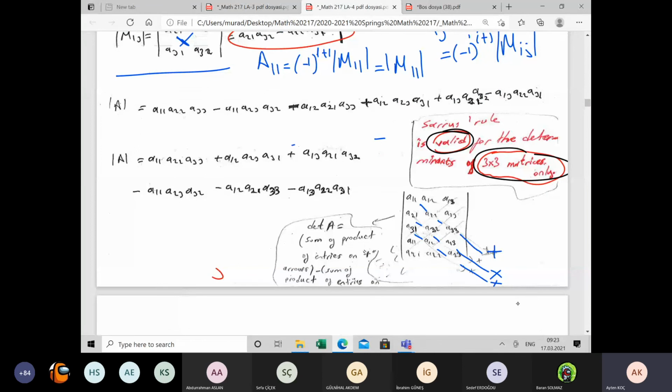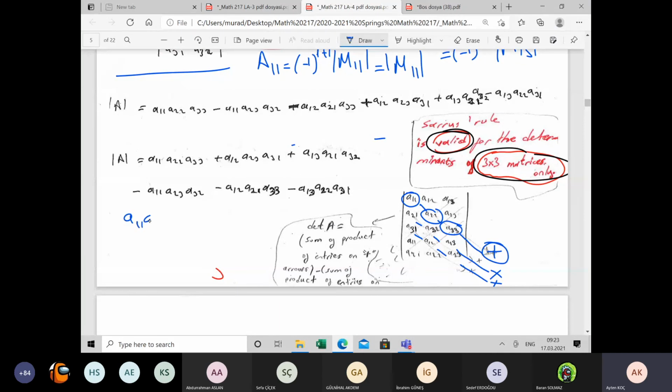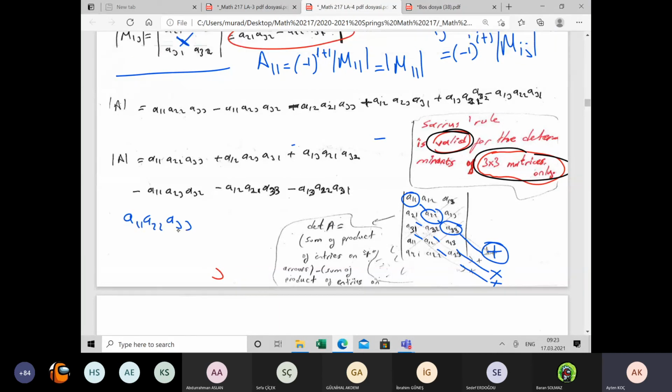Take all the entries, multiply them, and write this product. First look at the first positive line: the first entry, the second one, and this one. So write the product of all the entries on the diagonal, a 1,1 a 2,2 a 3,3, is positive.